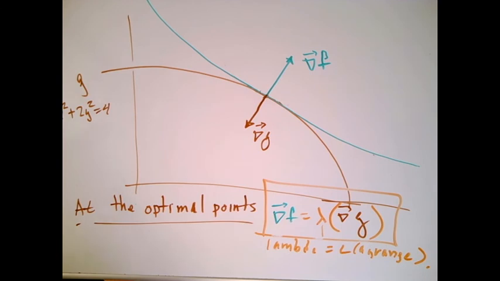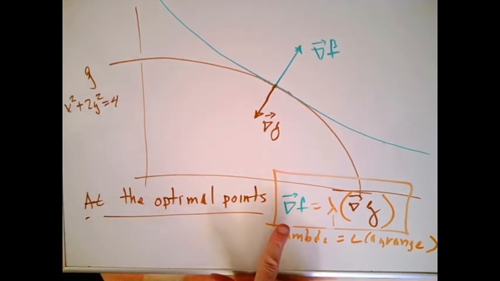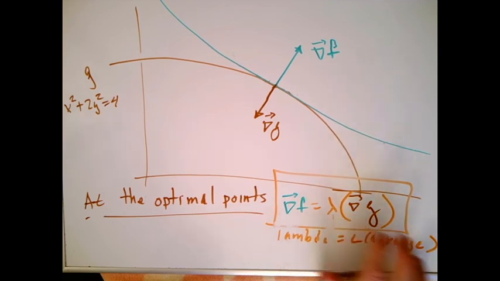So we are going to actually work out this problem in its entirety, but we are going to start right here because the picture says that the gradient of the level curve has to be equal to a scalar multiple of the gradient of the constraint equation.